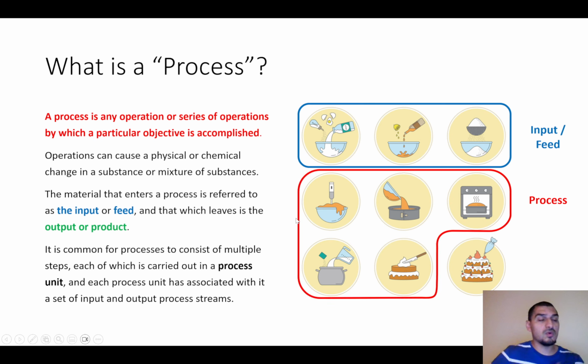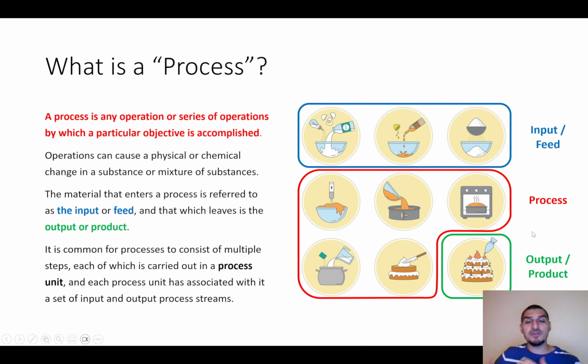Each one of them requires one input from the previous step. So the product from here goes here, then the product from here goes here, and so on. So this is multiple steps, and each one of them is achieving part of the total or the main goal of the process. And finally we have the product, which is the cake. This is the product or the output.